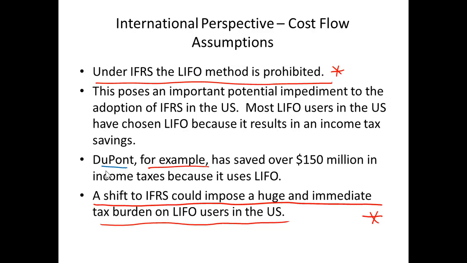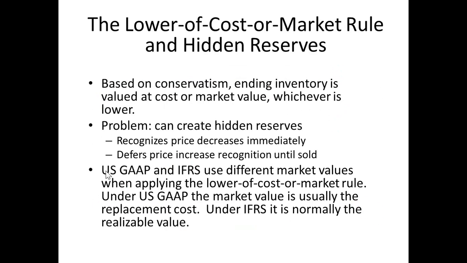If the U.S. ever totally embraces IFRS and also says no one can use LIFO, there will be an immediate tax burden on all the LIFO companies in the United States, because they use LIFO, which gives them a lower net income, thus a lower tax bill than would be possible under FIFO. Lower of cost or market and hidden reserves.